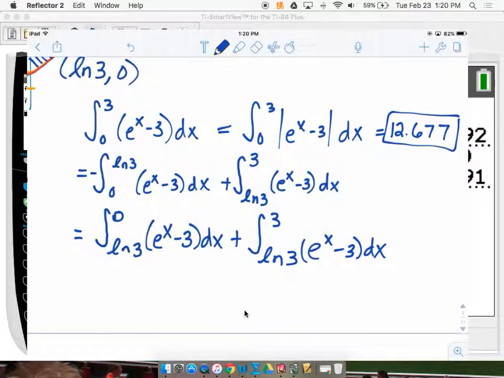So we know that this region, right, is going to give me a negative answer. So if I put a negative out front, it is the same thing as flipping the upper and the lower limits. So if you typed this in, or this, you should all get 12.677.